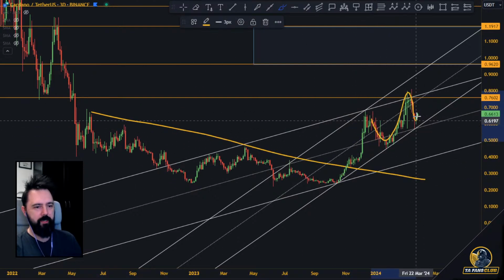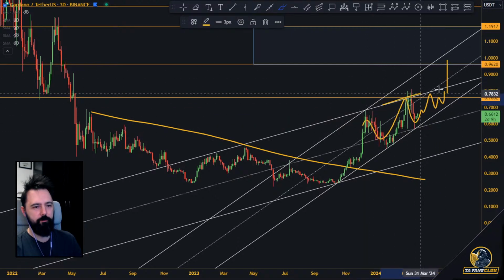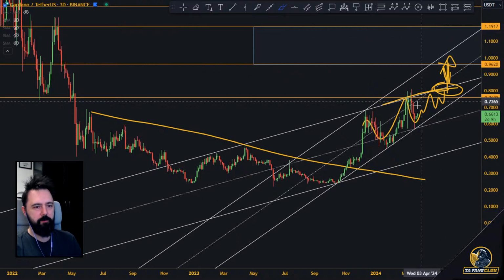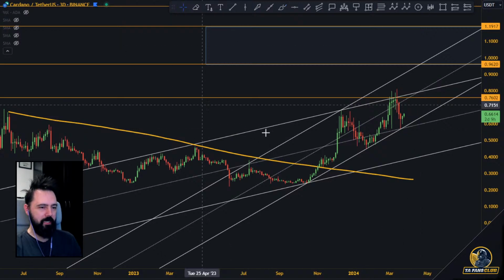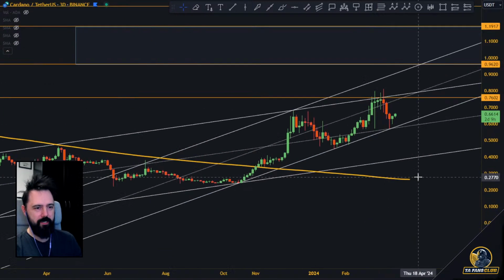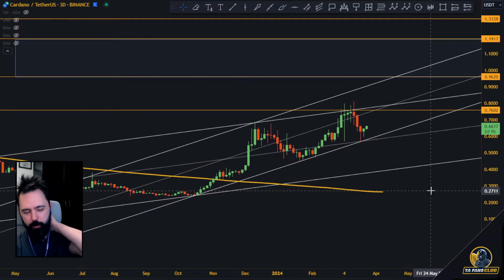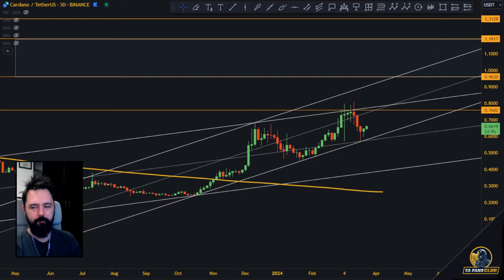So we are still expecting that move up here, slowly, and then a bigger move towards the upside eventually. But right now we have to go through this slow motion towards the upside. So it's a slow pumper right now, because it's inside a slightly sloping channel towards the upside. So there's that.